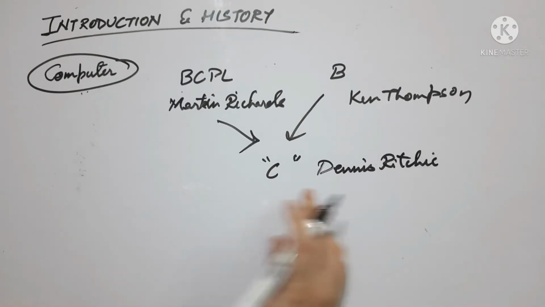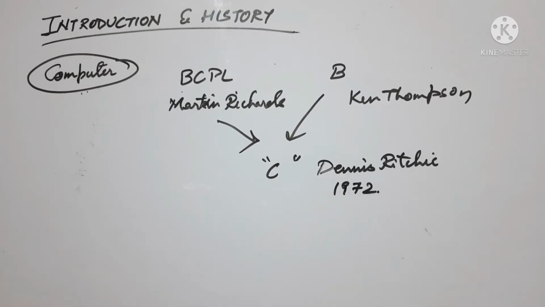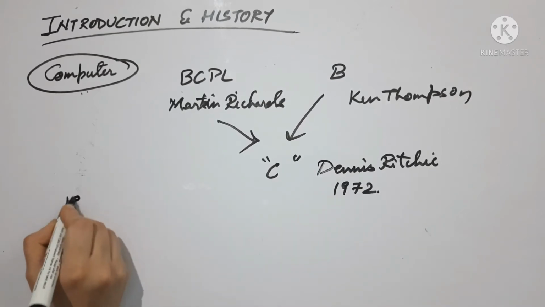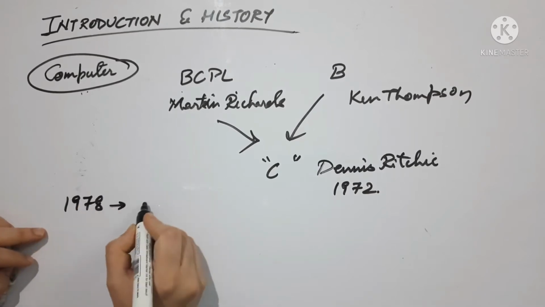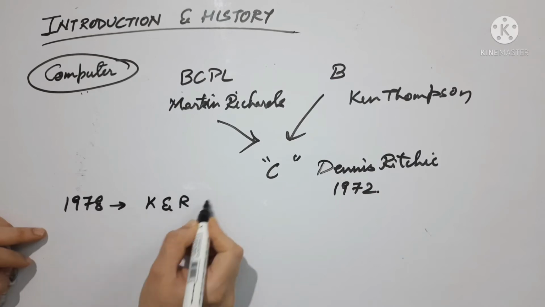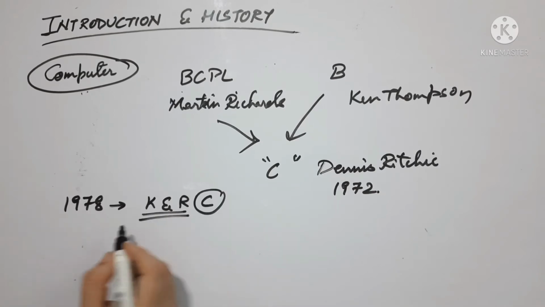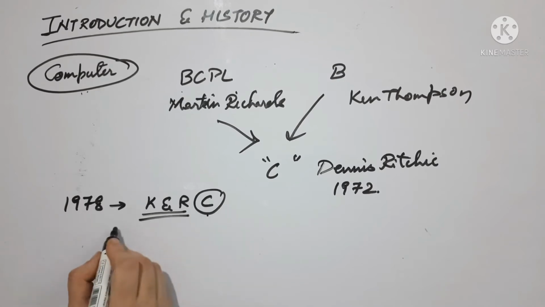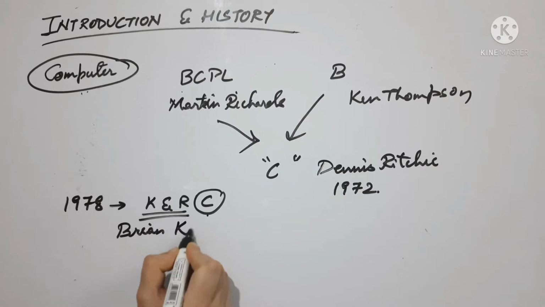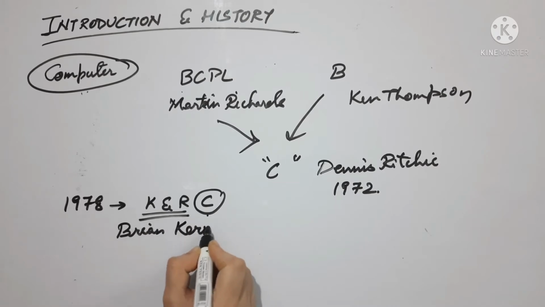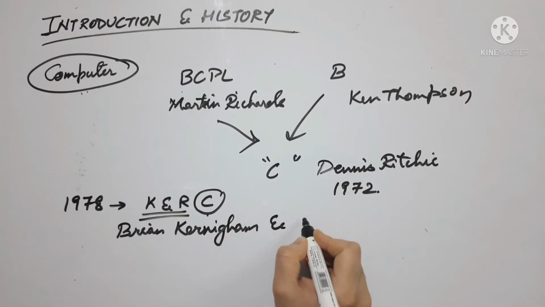He developed this programming language in the year 1972. Later, in the year 1978, this C language, also known as K&R C. Why K&R C? Because this C language was documented by Brian Kernighan and Dennis Ritchie.